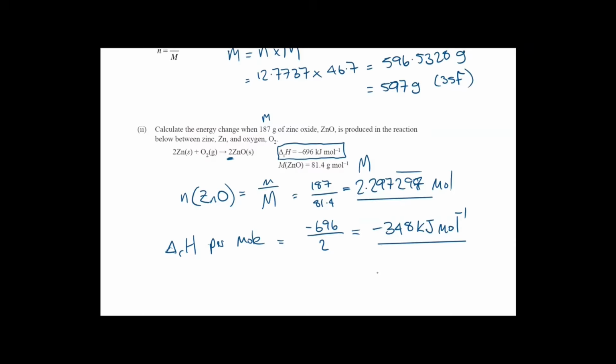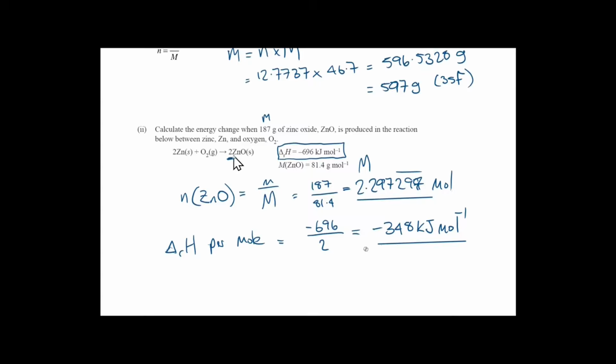And what are we actually asking? Calculate the energy change. What are we actually trying to find here? Okay, so I think I know what they're trying to say. This is an ideal reaction. So if we have 2 moles of zinc and 1 mole of O2, we would produce 2 moles of zinc oxide, and it would release that much energy. But we don't have that.